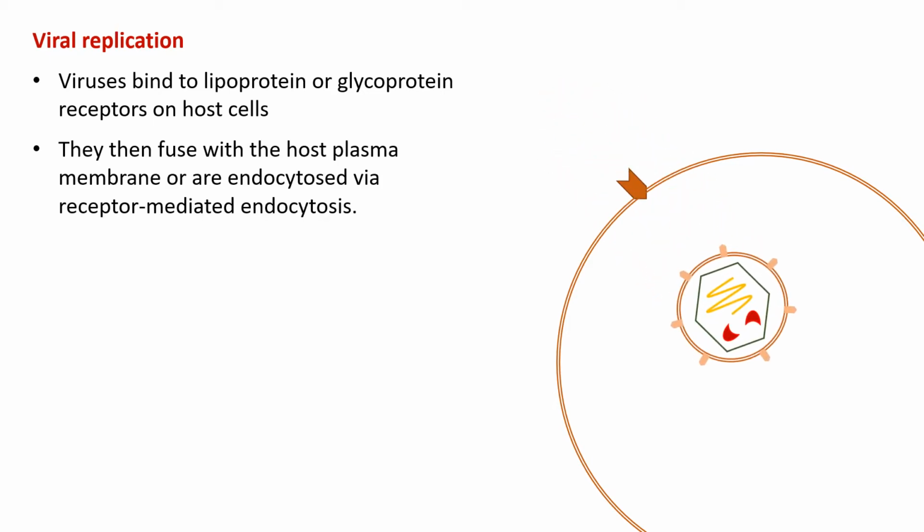They then are fused with the host plasma membrane, or they're endocytosed via receptor-mediated endocytosis. If you remember, this is the formation of the clathrin pits and all the rest of it, quite an involved process. Or they can just fuse and enter.